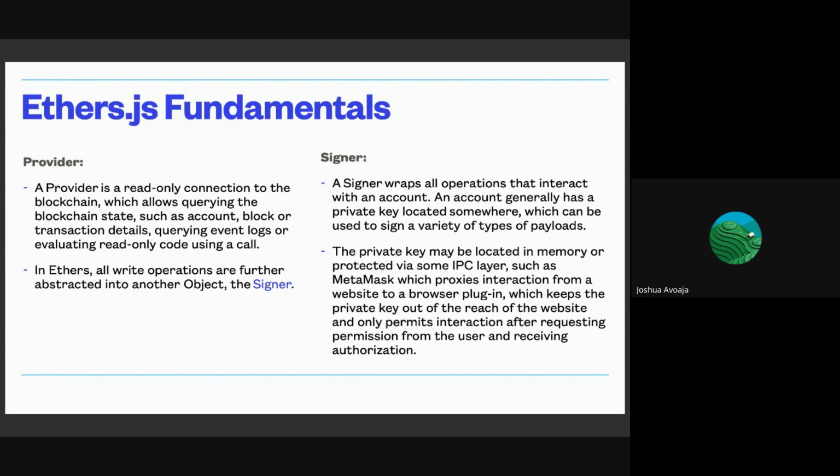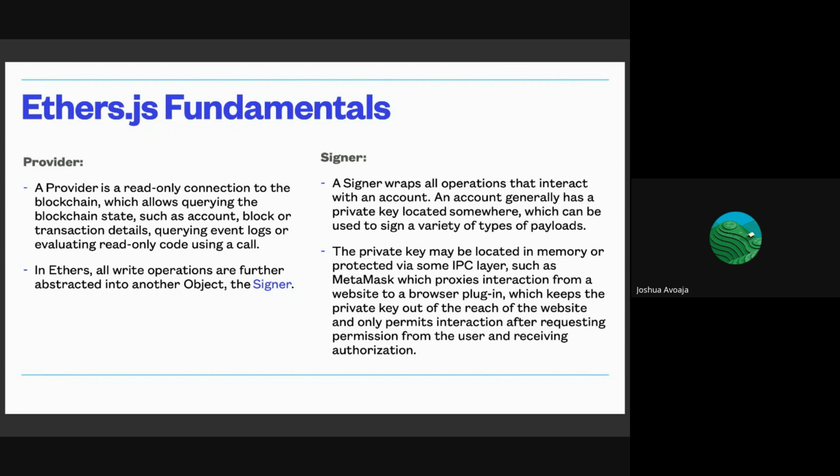So in Ethers.js, a signer is an object that abstracts all operations that require authorizing anything at all, such as transactions and signing data, which requires signing with the private key of the user.